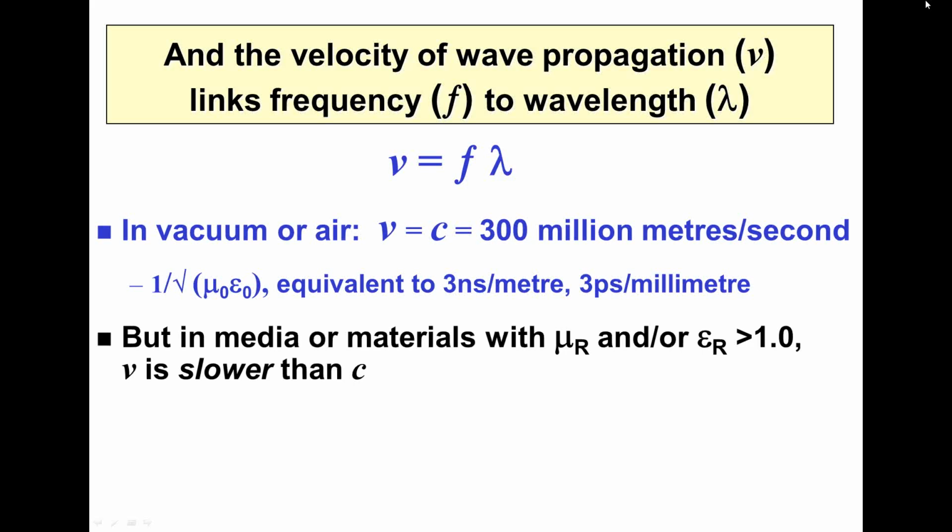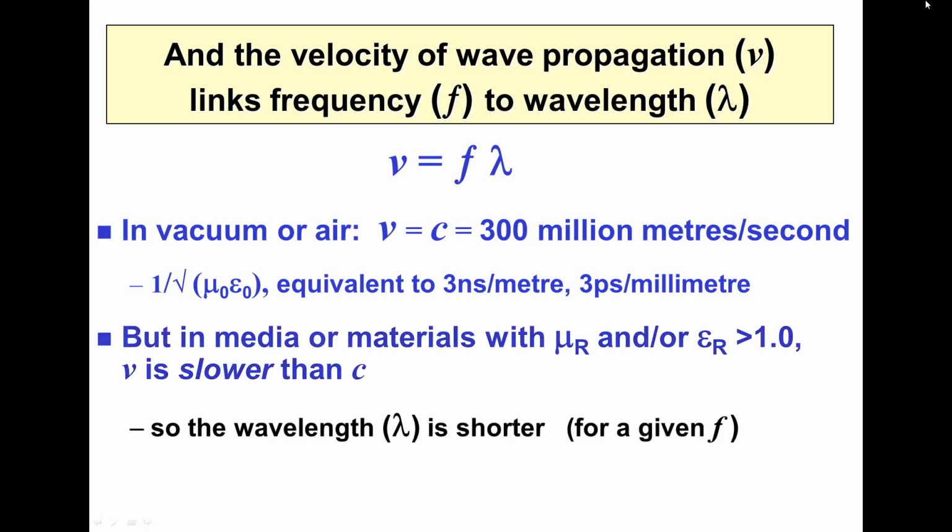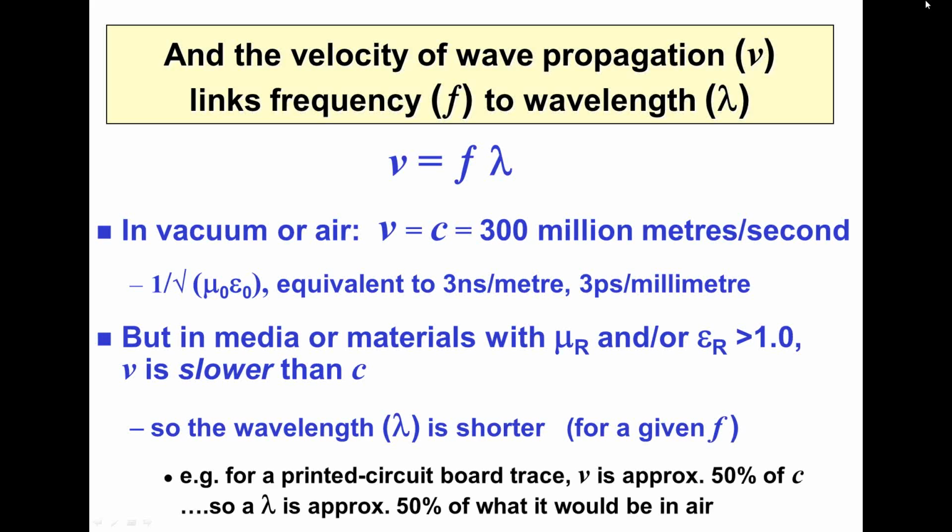In media or materials which have permeability or relative permittivity greater than 1, velocity is always slower. So the wavelength is shorter for a given frequency. In a printed circuit board, trace velocity is about a half of c because the permittivity is about 4 in FR4.